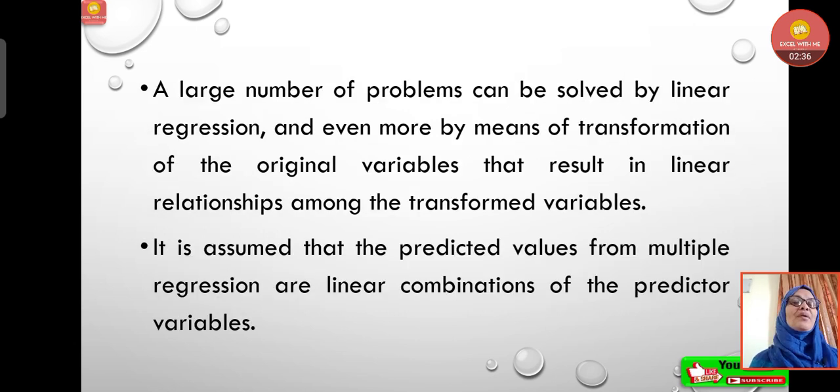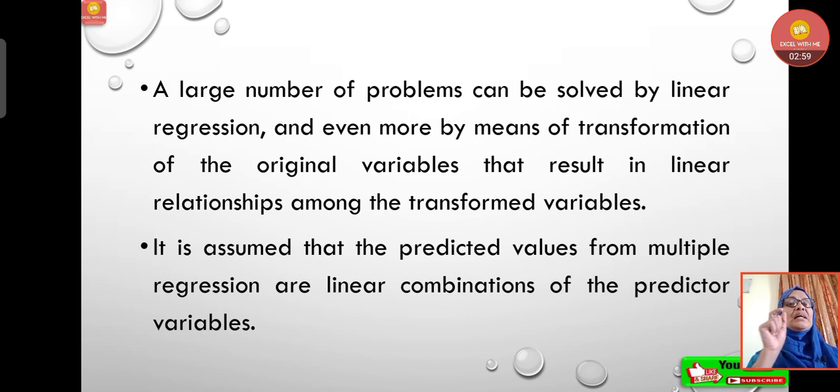A large number of problems can be solved by linear regression and even more by means of transformation of the original variables that result in linear relationships among the transformed variables. It is assumed that the predicted values from multiple regression are linear combinations of the predictor variables.